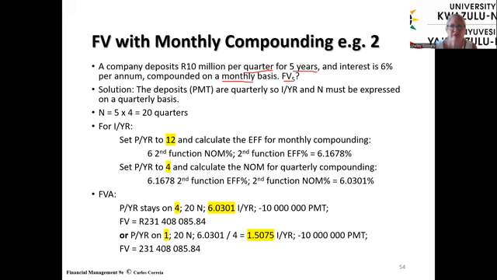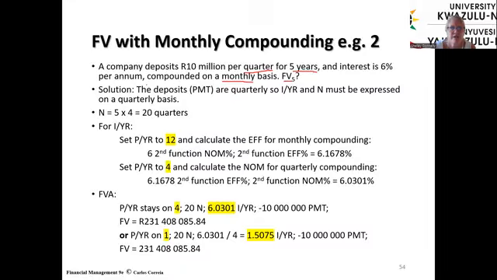So this is like that previous example I showed you, where your interest is compounded at a different frequency to what your payments are going to be made. So first we've got to find an interest rate that is going to correspond with quarters, a quarterly interest rate.